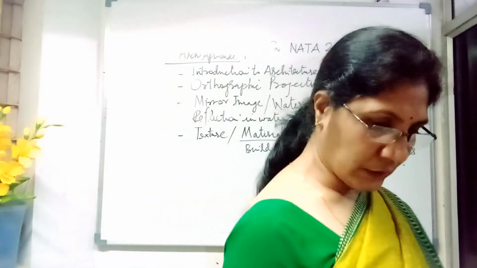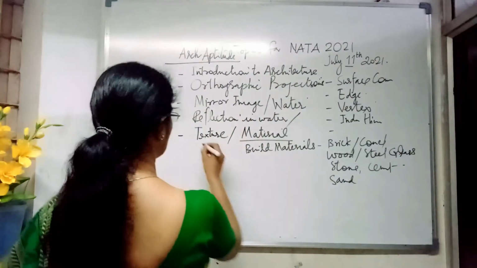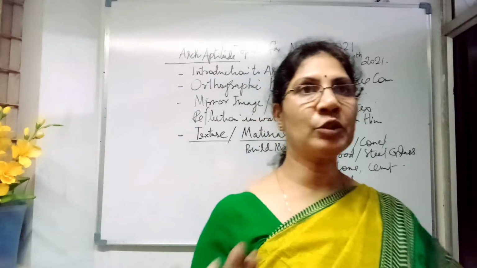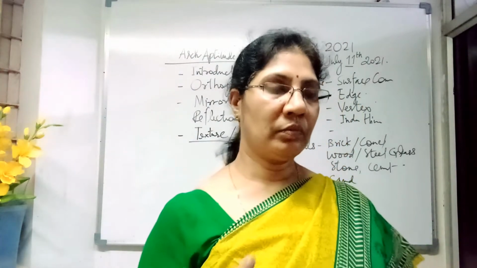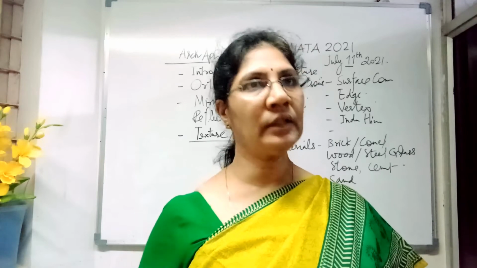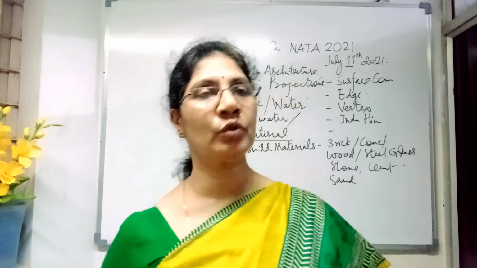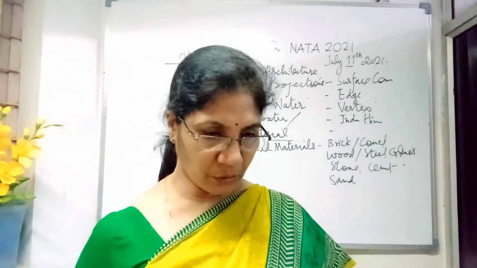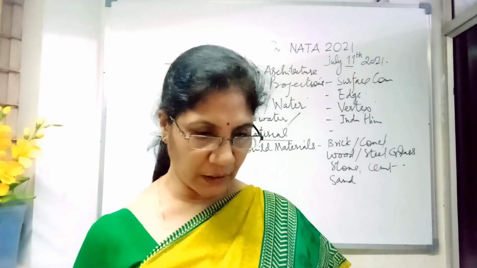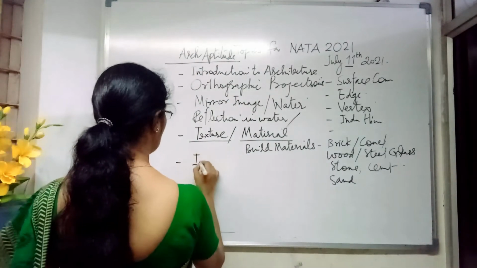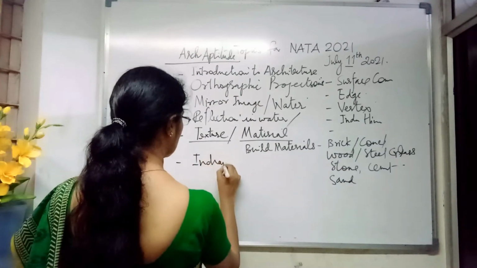So related to building materials, texture is all about the surface quality. So based on the texture, lots of questions are there in the previous year's question papers and also in the mock test. So we need to have an idea of that. Then about Indian architects.